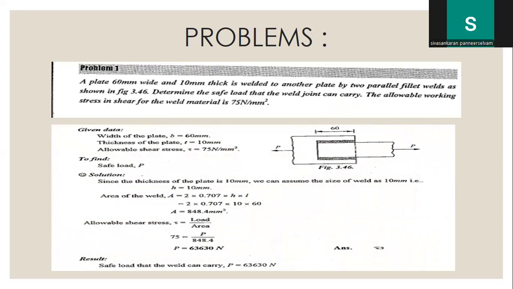Determine the safe load the welded joint can carry, given that the allowable shear stress across the welded material is 75 Newton per square millimeter. So these are the dimensions of the weld joint, and from this we have to calculate the unknown load acting across the joint assembly, that is, the safe load P.